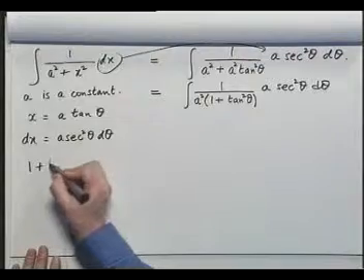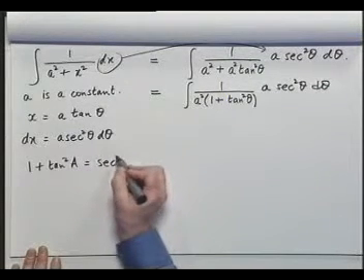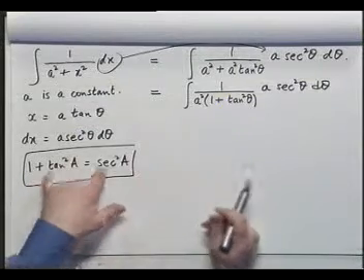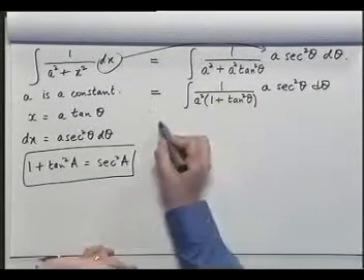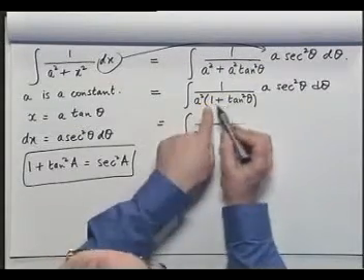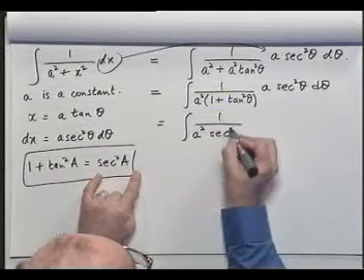We have the trig identity that 1 plus tan squared of any angle is sec squared of the angle. So I can use that identity in here to write the denominator as 1 over a squared, and the 1 plus tan squared becomes simply secant squared theta.